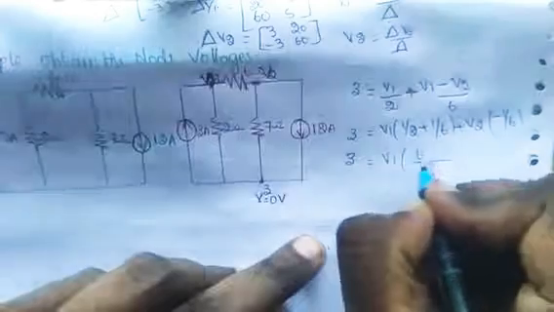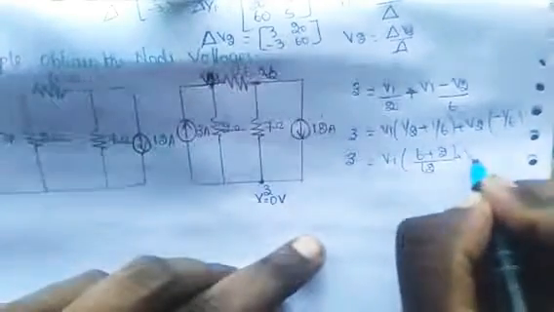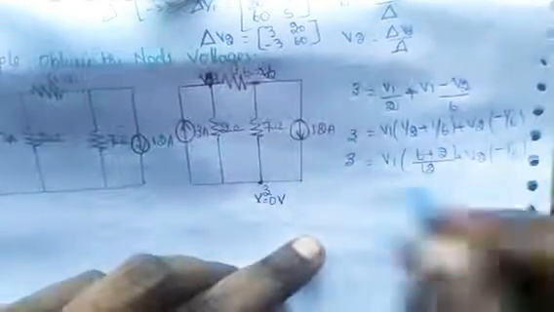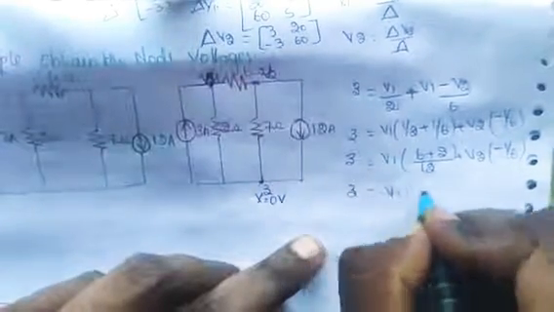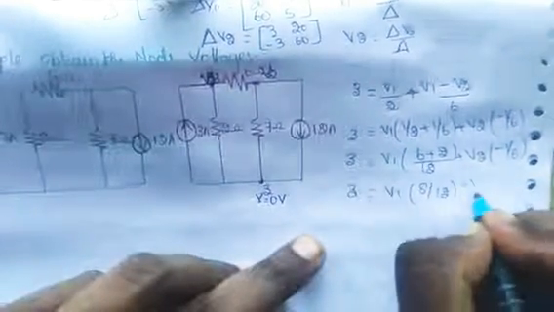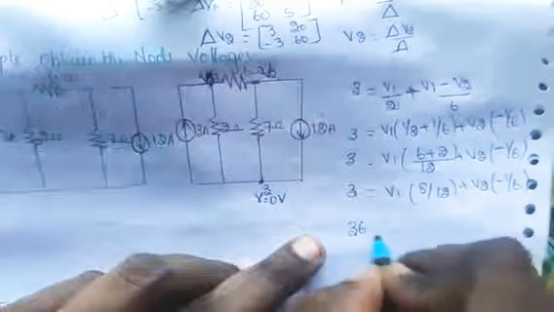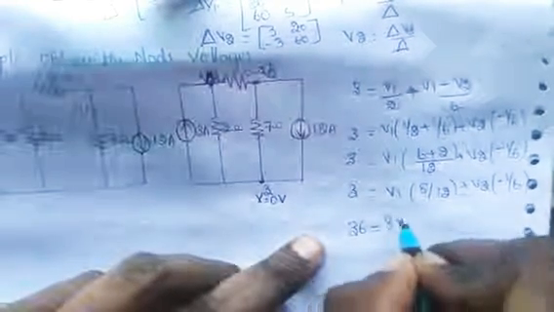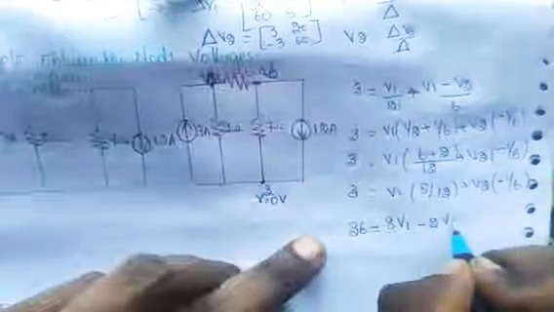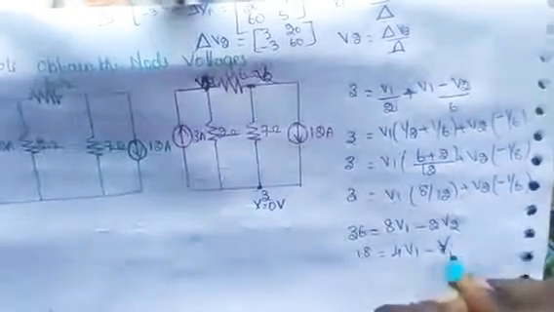So 3 is equal to V1 into (6 plus 2) by 12 plus V2 into minus 1 by 6. So 3 is equal to V1 into 8 by 12 plus V2 into minus 1 by 6. When I multiply the whole equation by 12, we get 36 is equal to 8 V1 minus 2 V2, or 18 equal to 4 V1 minus V2. This is my first equation.